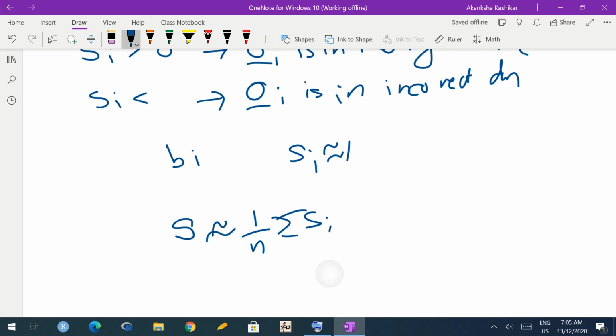So we choose that clustering algorithm which gives the highest value of this silhouette index. Okay. So the average silhouette index should be high for a clustering algorithm to be good.